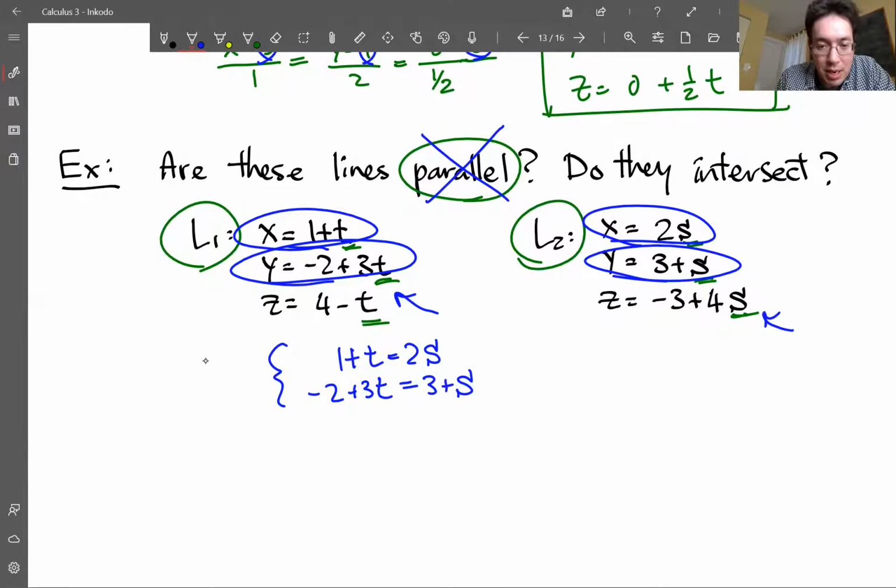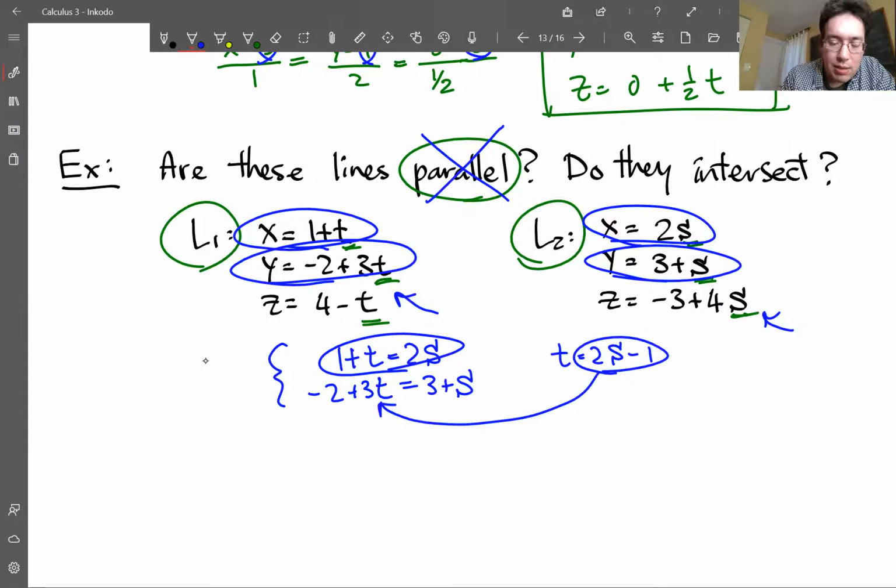How could we do this? There are a couple of ways, but I'll do it by substitution. I'm going to take the first equation and solve for t. So t is equal to 2s minus 1. I'm going to substitute that into the t in the second equation.